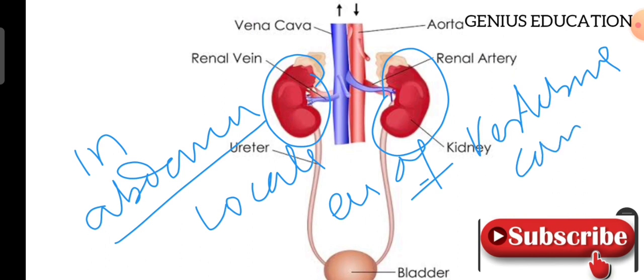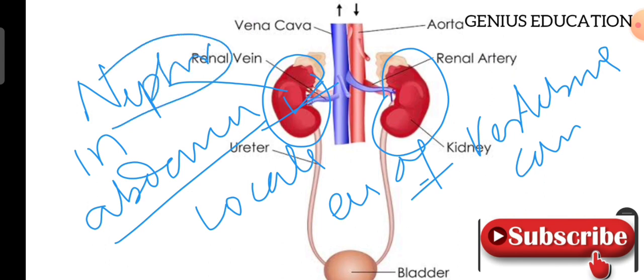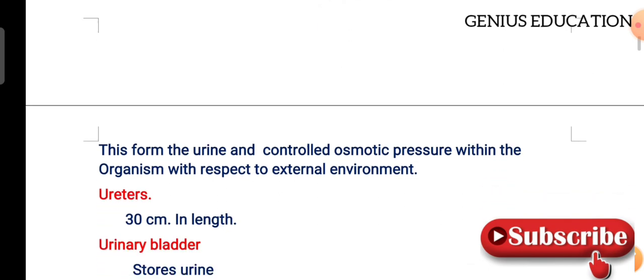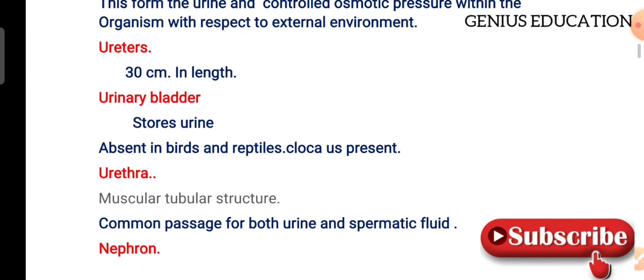Inside the kidney you will find different microscopic structures called nephrons, which are known as the excretory unit. We are going to talk about all these things in detail.